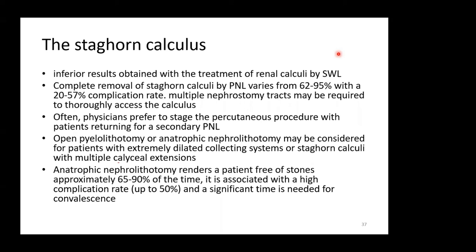Open pyelolithotomy or anatrophic nephrolithotomy may be considered for patients with extremely dilated collecting systems or staghorn stones, which have multiple extensions in the calyces.